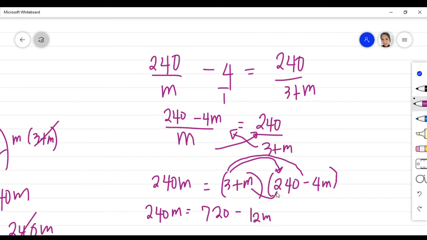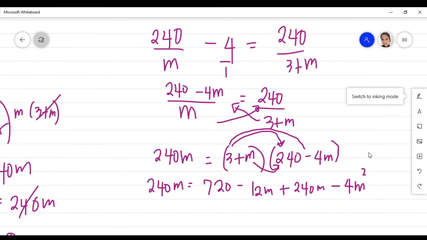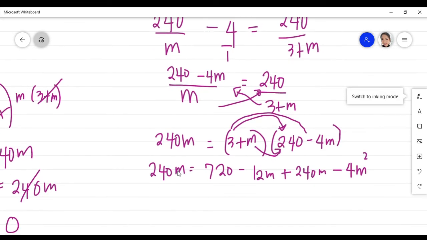And then m times 240, that is positive 240m. Take note of the signs. Positive m times negative 4m, that becomes negative 4m squared. Now notice 240m here is the same with 240m here.